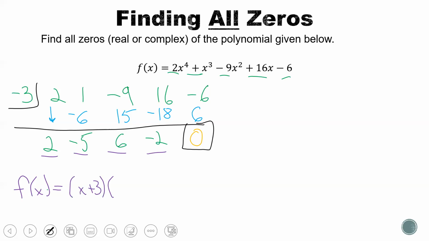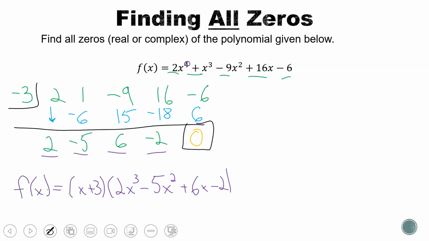Now note that the highest degree on the original function was 4. So we know the highest degree on this new term is going to be 3. So again, using the coefficients from our synthetic division, this can be written as 2x to the 3rd minus 5x squared plus 6x minus 2.